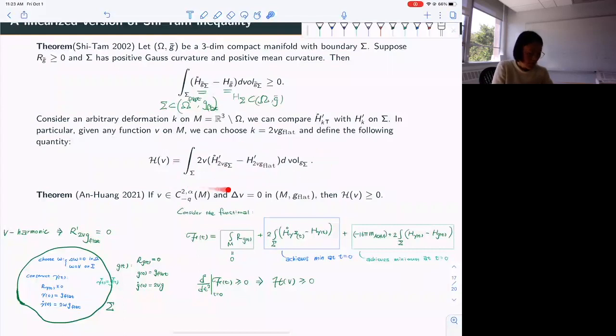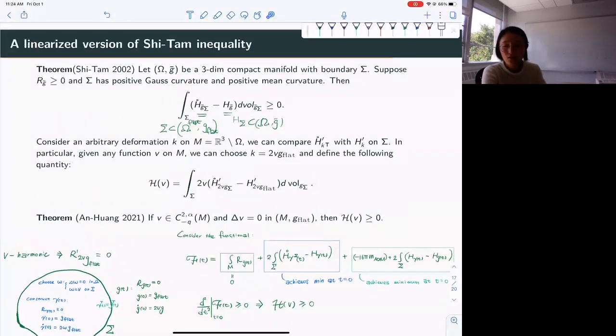This quantity is a linearized version of the previous quantity, uniquely determined by the function v on M. We show that if v is a C2,alpha function that decays to 0 at infinity and is harmonic with respect to the flat metric, then this quantity must be non-negative. That is our linearized version of the Shi-Tam inequality.